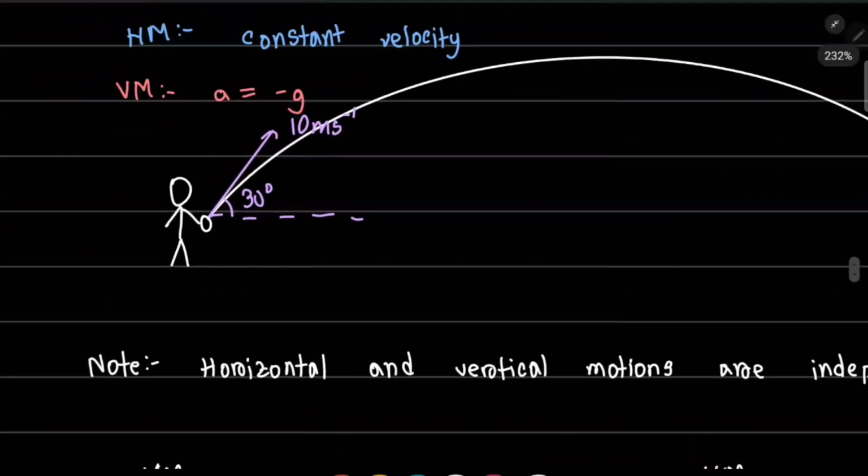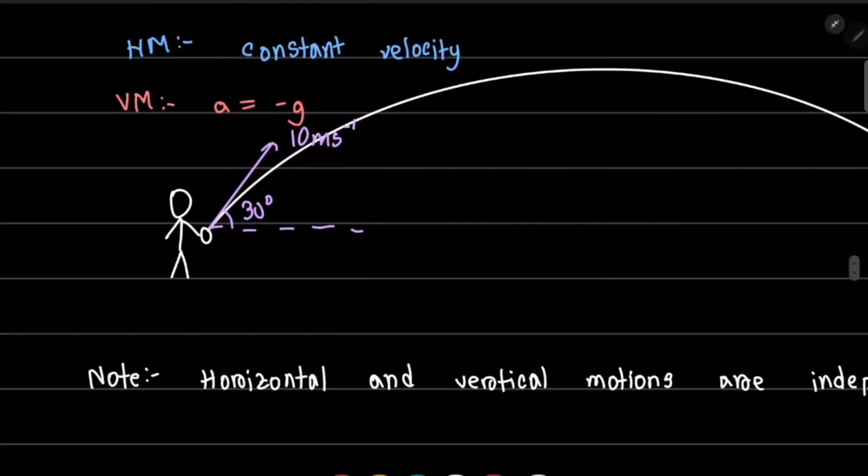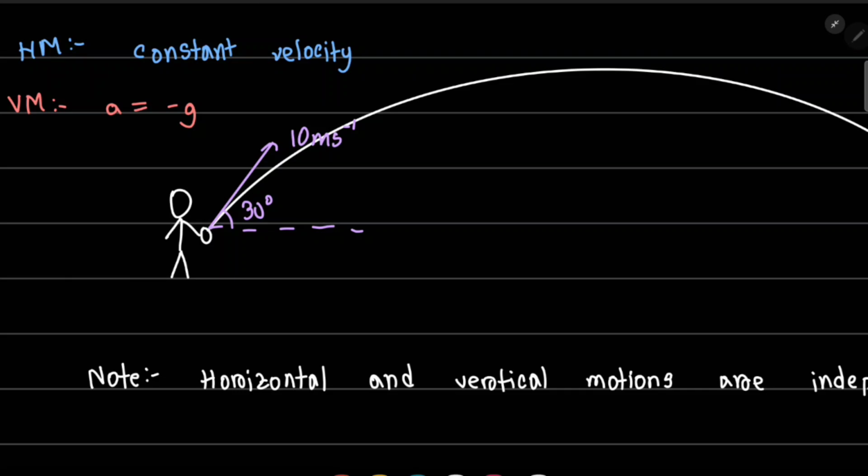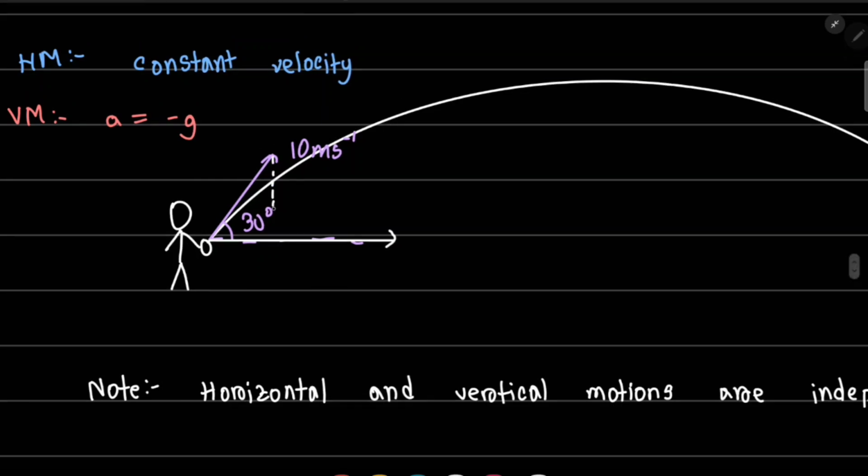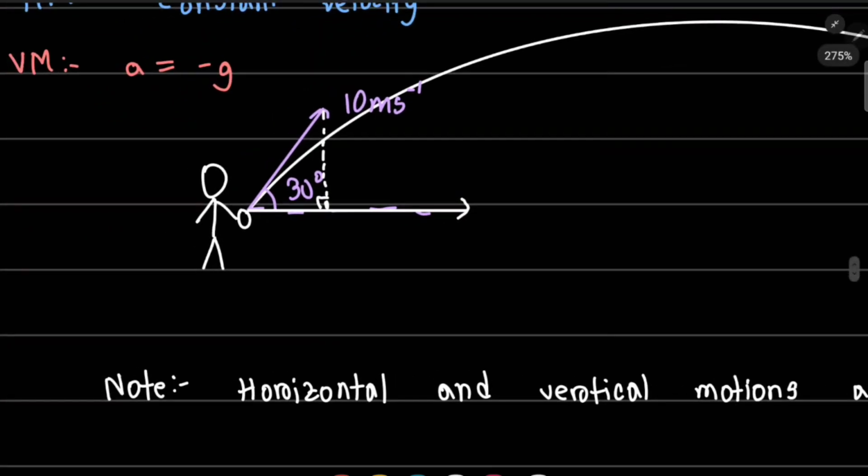This is what we know at the start. So if I have 10 meters per second at 30 degrees to the horizontal, I can figure out the horizontal and vertical components. For the horizontal component, we can use trigonometry over here. So this is a right angle triangle. The horizontal motion is over here.